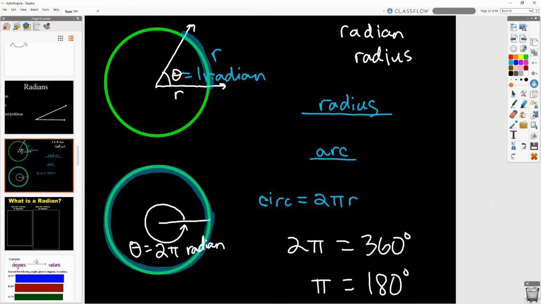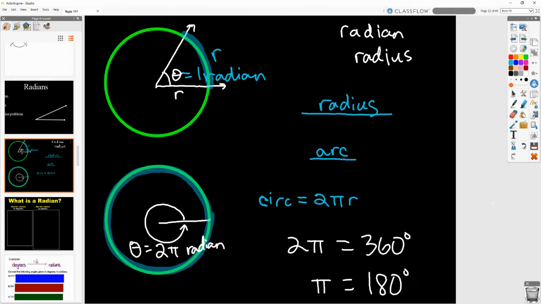This is something you're going to be dealing with a whole lot in pre-cal, and we're just preparing you for that right now. We're just touching on the basics of converting between them, but I wanted to show you where this came from, so that when we talk about degrees and radians, I'm not just making this up.